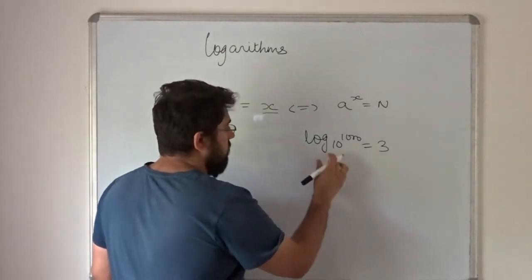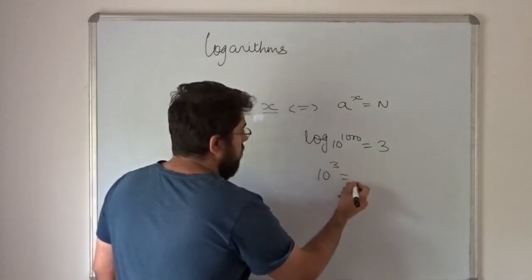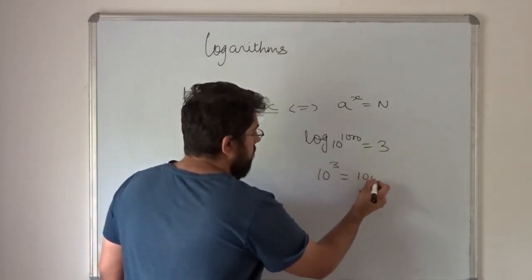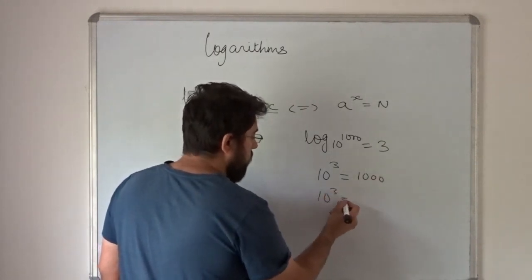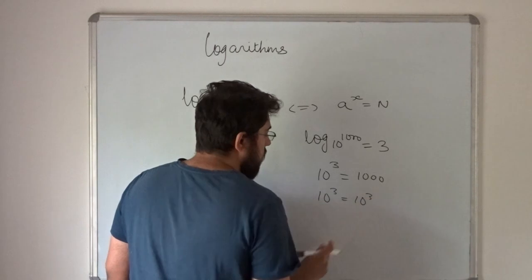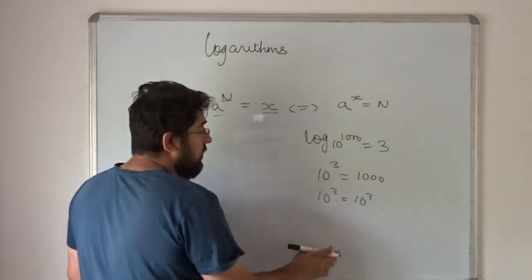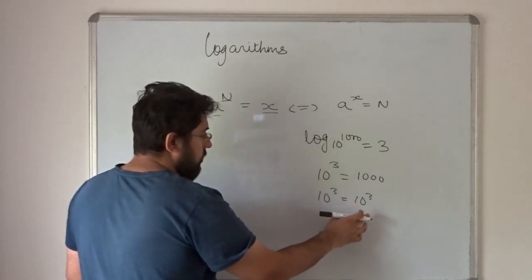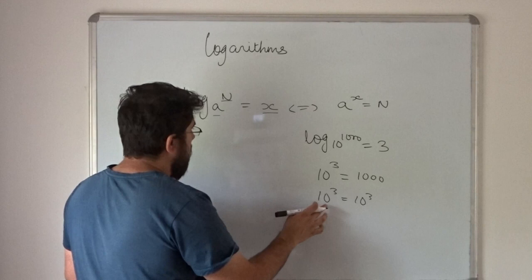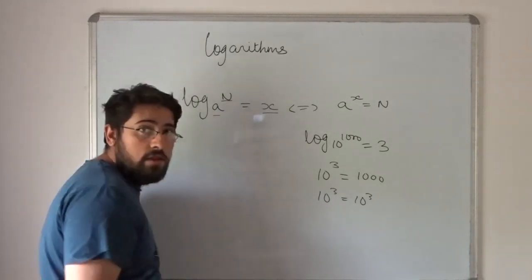As you know, 10 is the base, 3 is the exponent, and then it becomes 1000. And then again you can have 10 to the power 3, which equals 10 to the power 3. You see, this is a natural number, isn't it? But then it simplifies to become the same base as log a. That's why I'm saying that this is like a second base.